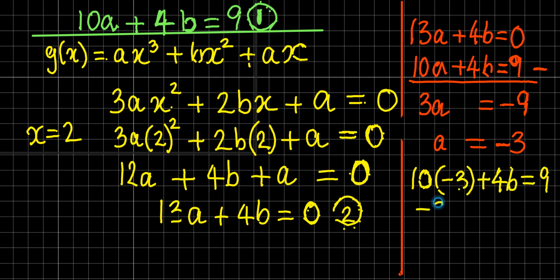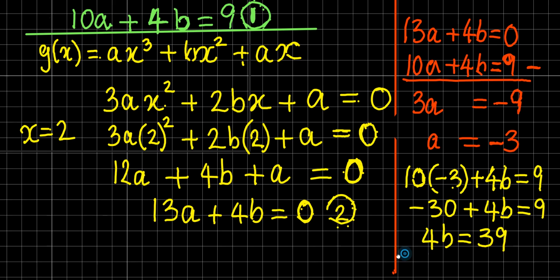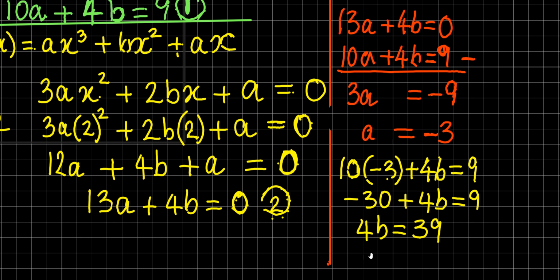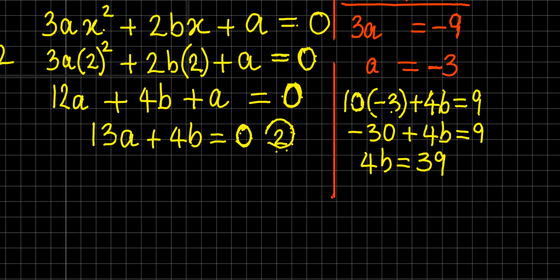So minus 30 plus 4b is 9. 4b is 39. So it means that b is 39 over 4. So now we've got our a and b values.